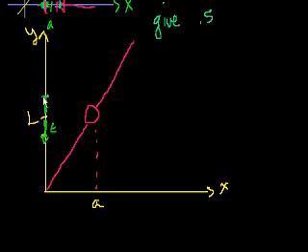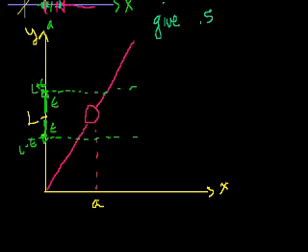This distance there is epsilon, right? And for any epsilon you give me, any real number, this would be L plus epsilon right here. This would be L minus epsilon right here.